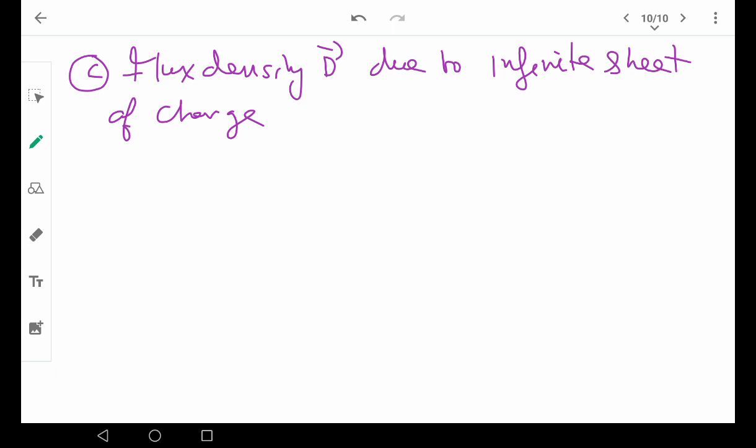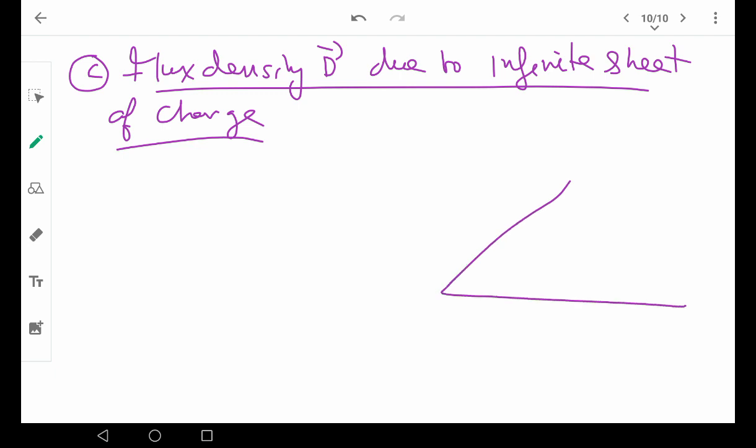That is something that we have derived earlier. You have an infinite sheet of charge like this, extending in all directions. And you have a normal vector like this, given by an. It can be ax, ay, az, or whatever it is.